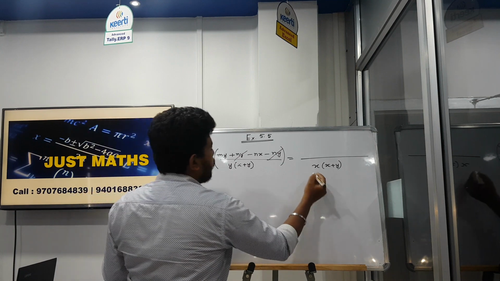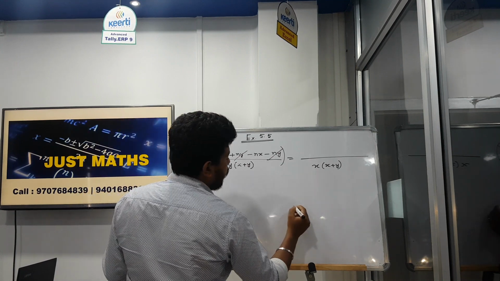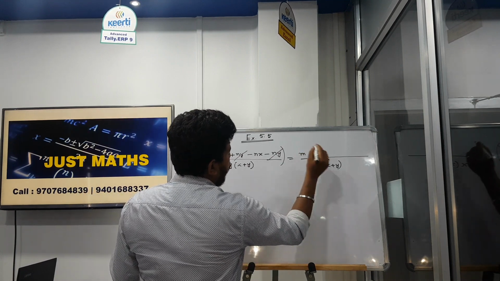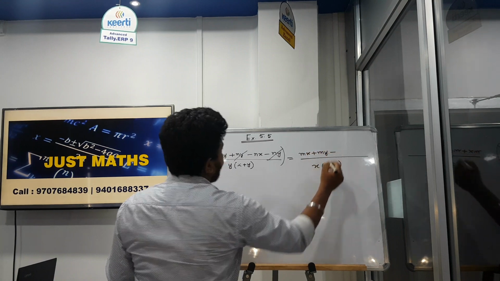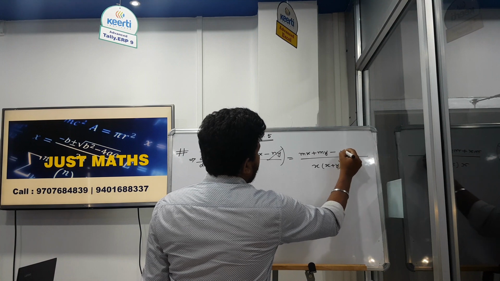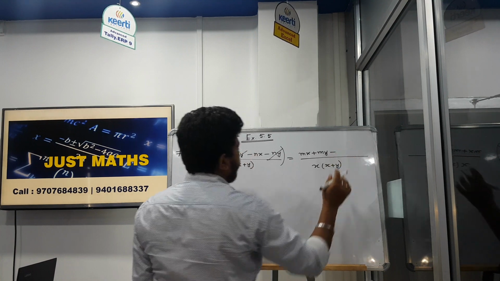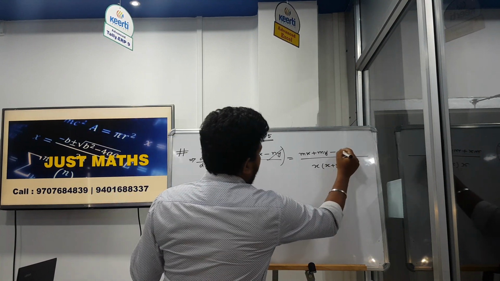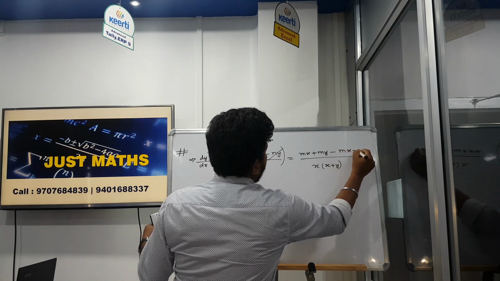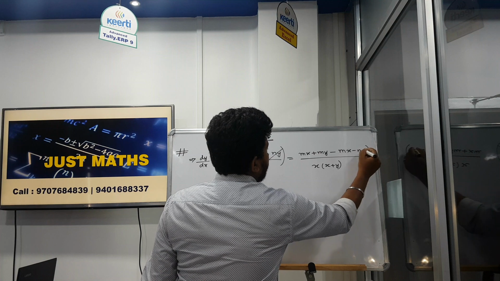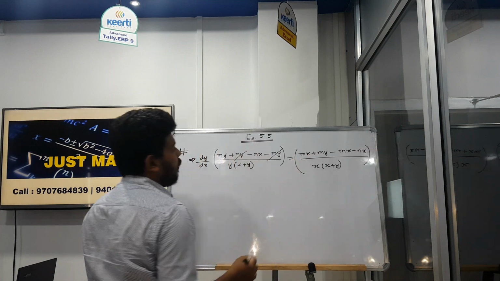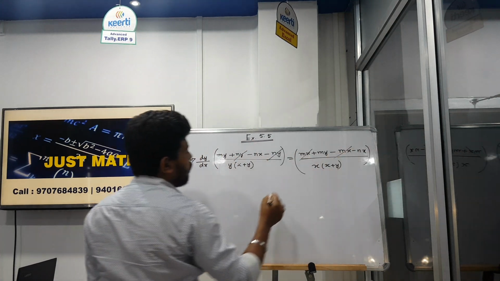You will get mx plus my minus mx minus nx. mx cancelled.